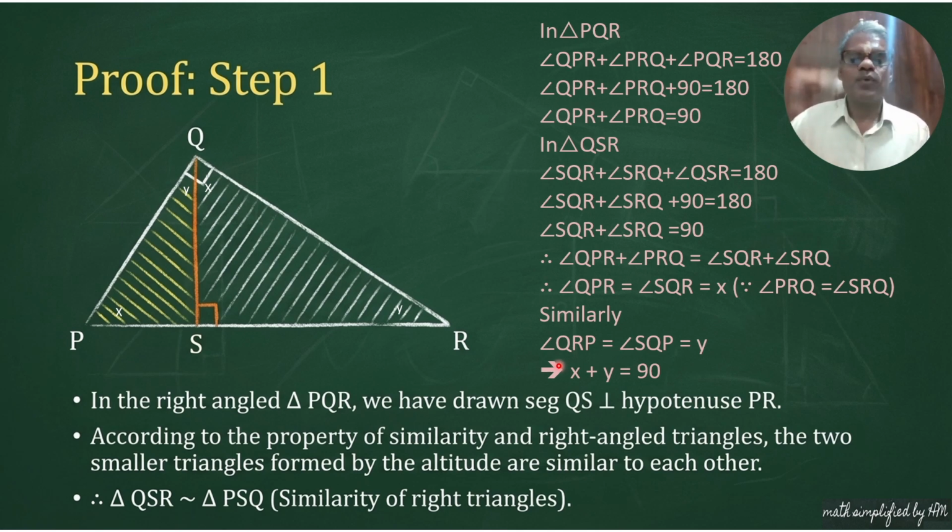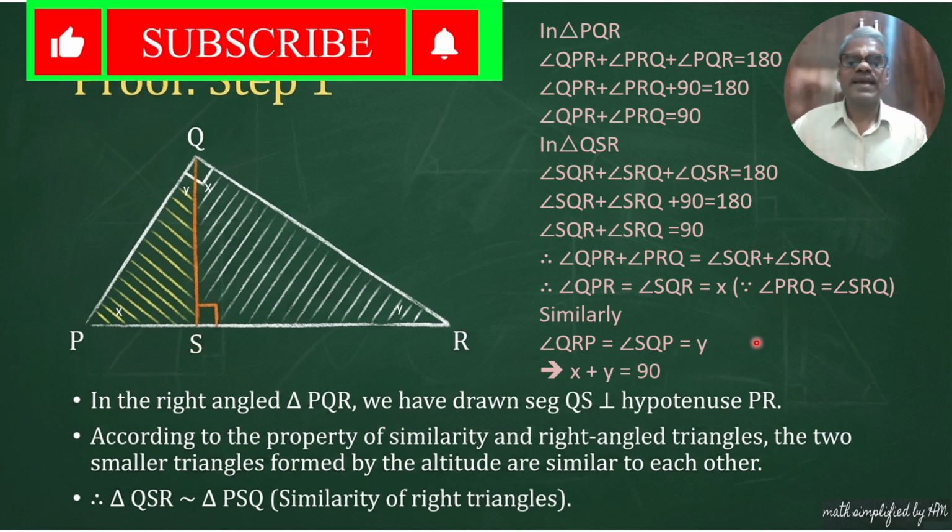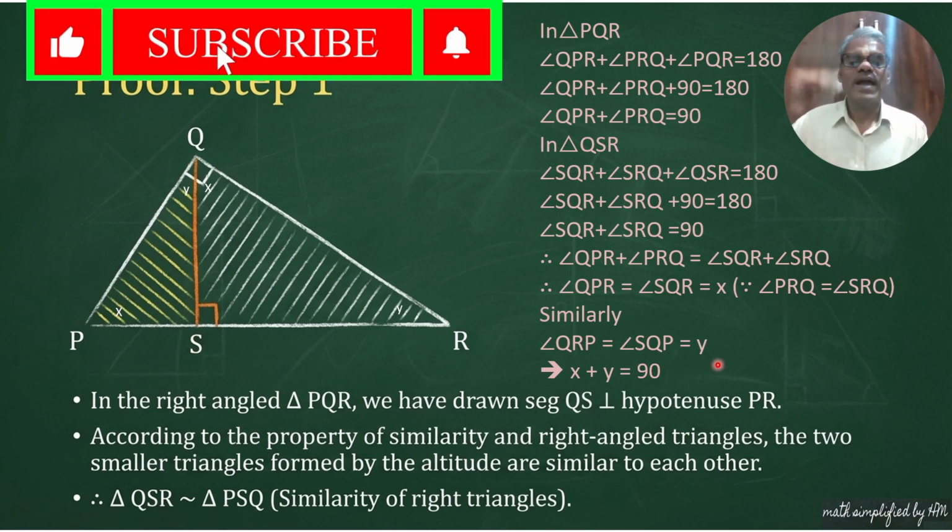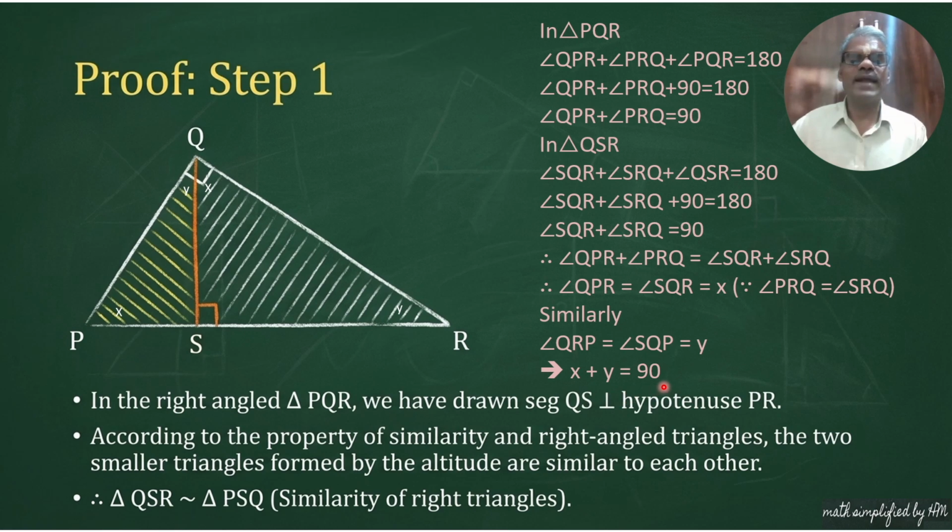Similarly, we can prove that angle QRP is equal to angle SQP, say that is equal to Y, and eventually it gives X plus Y is equal to 90 degrees.